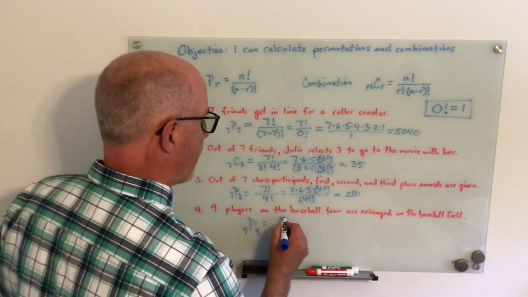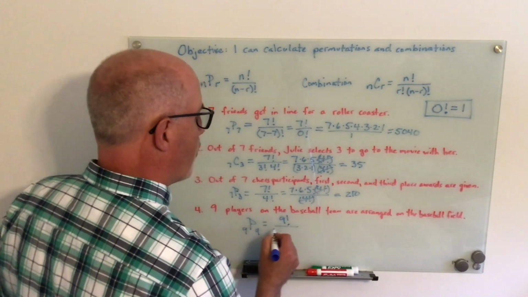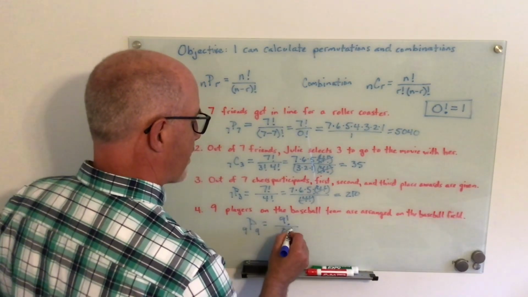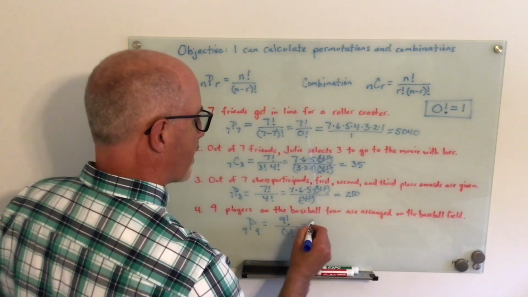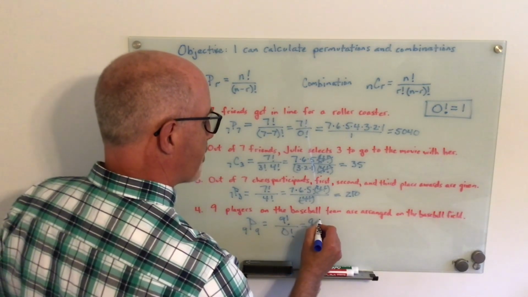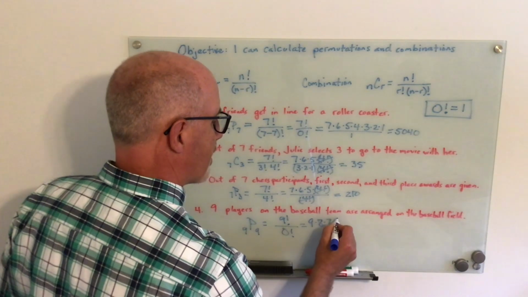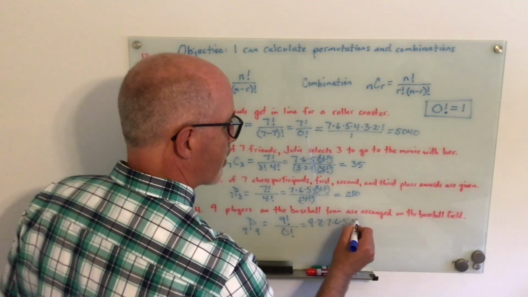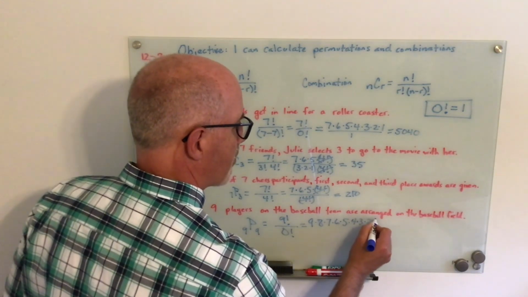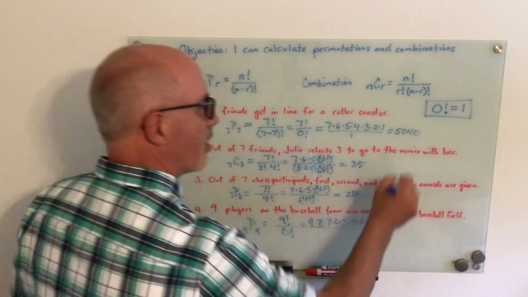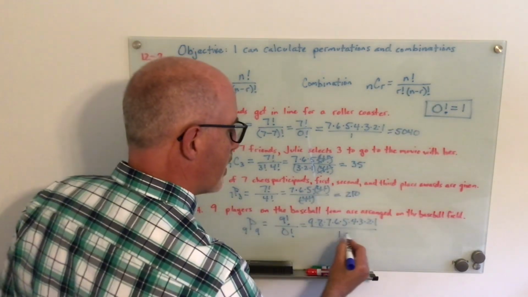So I'm going to have 9 factorial over 9 minus 9, which is 0 factorial. There's that 0 factorial again. So this could be 9 times 8 times 7 times 6 times 5 times 4 times 3 times 2 times 1. 0 factorial, as we defined up here, is equal to 1.